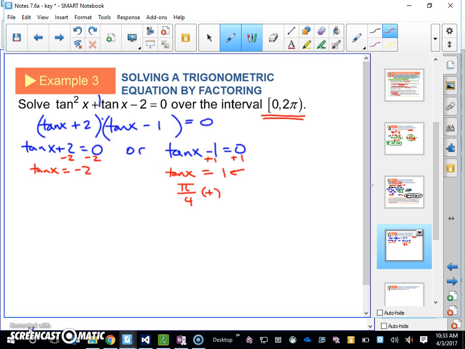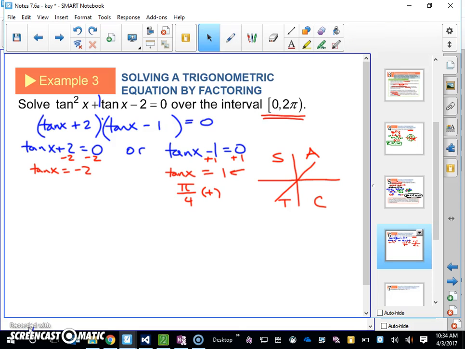And so we're looking at a pi over 4 where tangent is positive in the first and third quadrant. All students take calculus, right? All students take calculus. We know tangent is positive in the first and third quadrants. So there's a pi over 4 in the first and a pi over 4 in the third. So the first quadrant just is what it is, pi over 4.